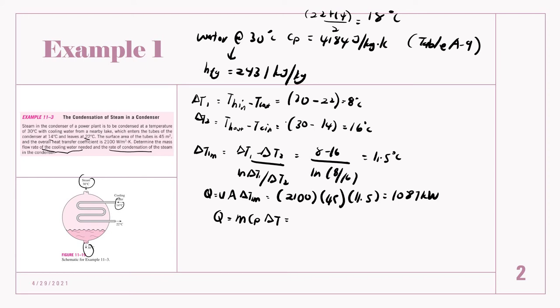Now you have Q, you have Cp, you have the delta T. Rearrange the equation: m is equal to Q over Cp delta T. The delta T for the heat balance occurs inside this fluid flow, so delta T is between the inlet temperature and outlet temperature of the cooling water.